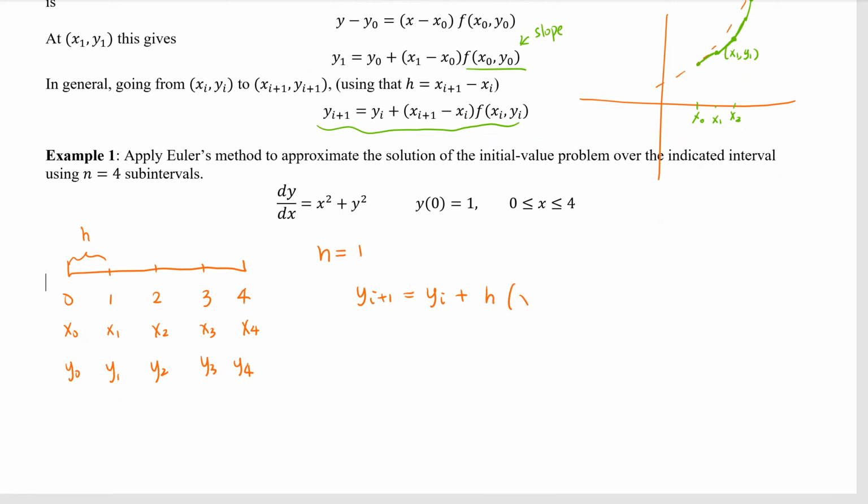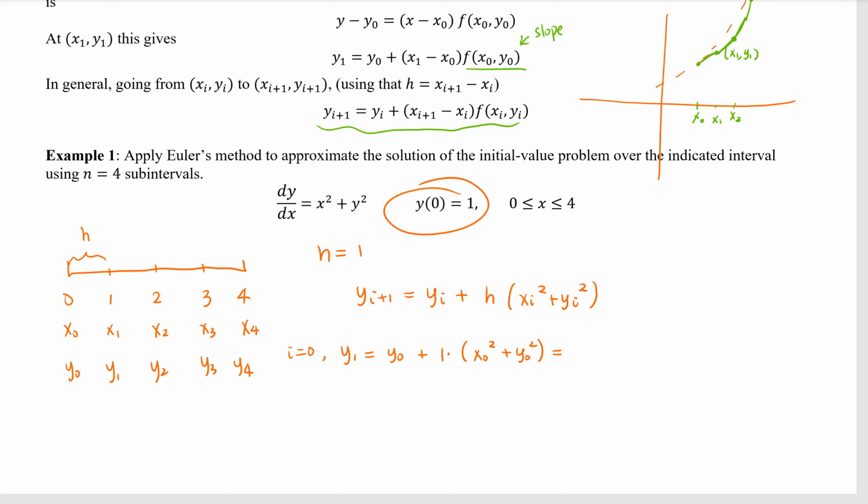Well, in this case, we get xi squared plus yi squared. So far, so good, everybody? So this is our formula. Okay, so now let's plug in the different indices. So y1, when we plug in i equal to 0, y1 is y0 plus h. In this case, h equals 1. And then we have x0 squared plus y0 squared.